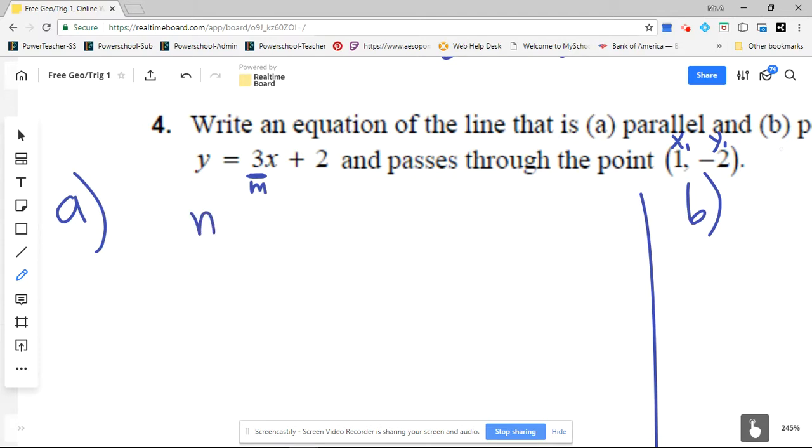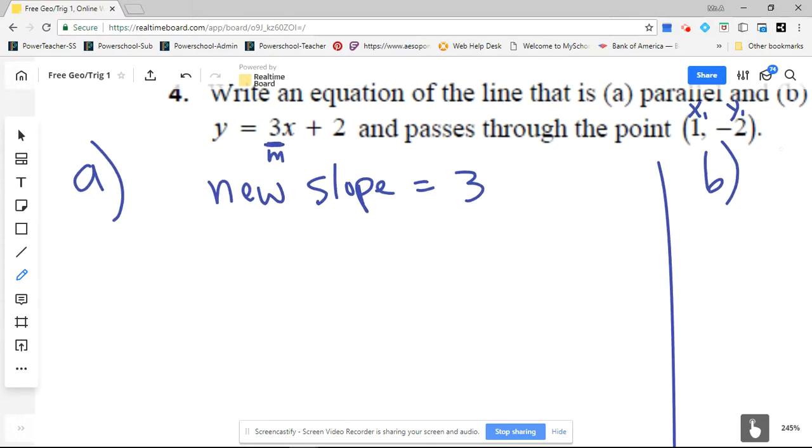So our new slope for A, because A is parallel, is going to still be a 3. We're not going to change the slope because it's parallel. So we keep it. So I plug it in, y minus, the y number is negative 2. And then my slope is going to be a 3, and then my x minus, and then my x number is a 1. So we're going to distribute.